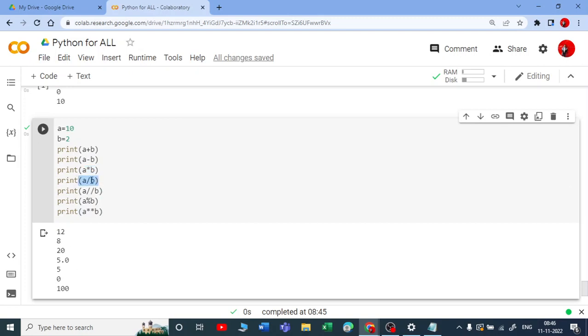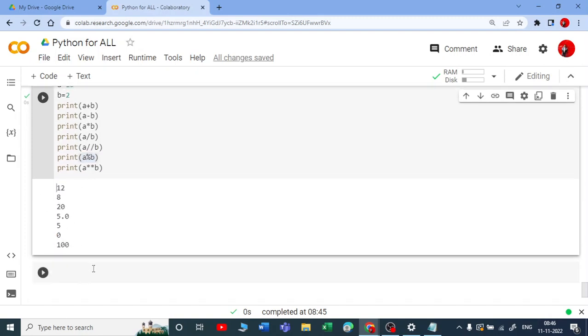Now a divided by b, that is 10 divided by 2, it is 5.0, that is a float. Now you are getting both as integers, that's why you are getting an integer. If any one would be a float, this would also be a float. Now if you divide 10 by 2, there is no remainder left, so the remainder is 0, and 10 square is 100. Okay, I guess this was very simple.